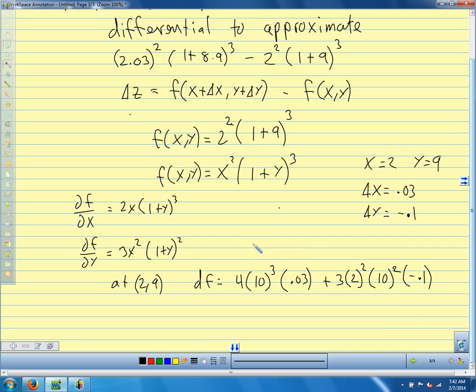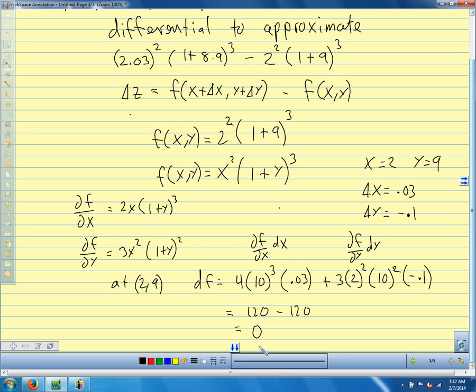So this is df dx, dx, and df dy, dy. And when I calculate this all out, this is 120 minus 120. This comes out to 0.